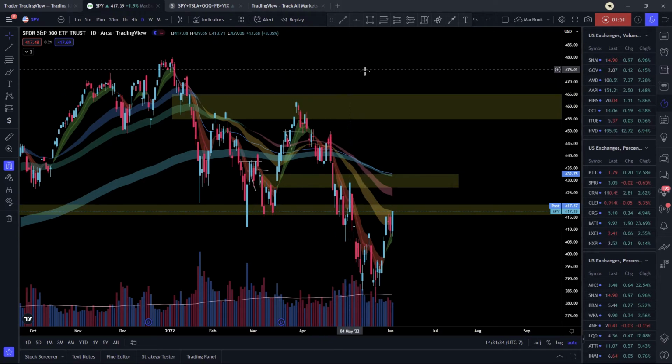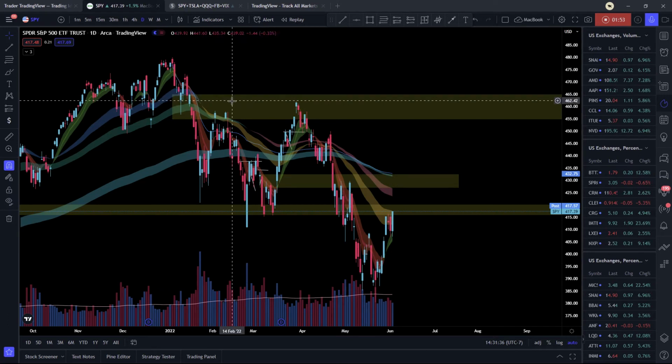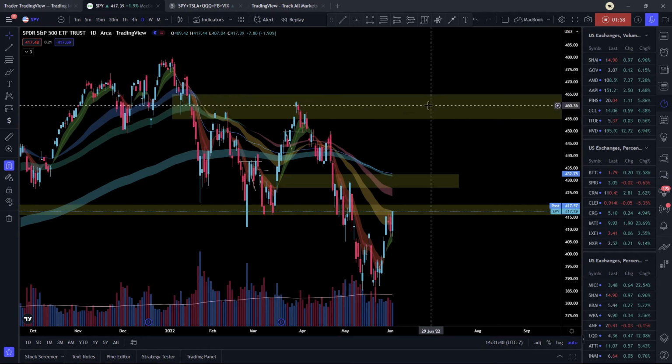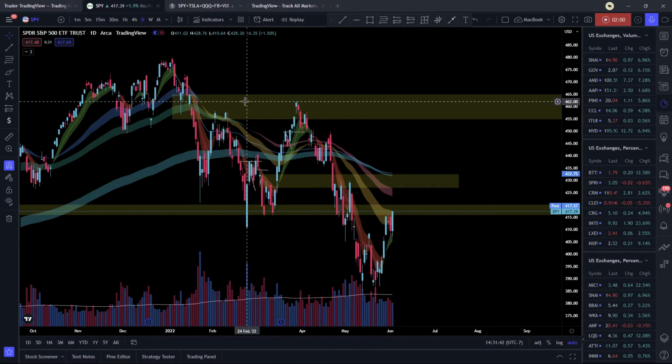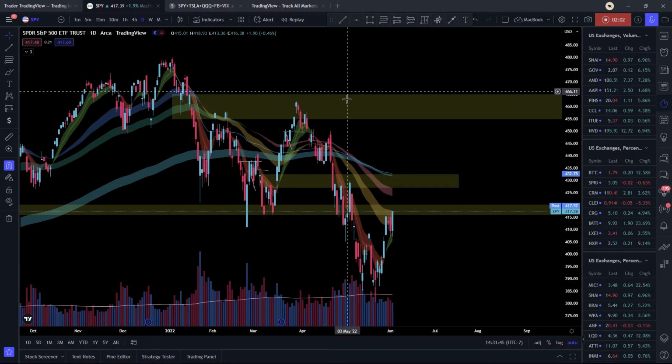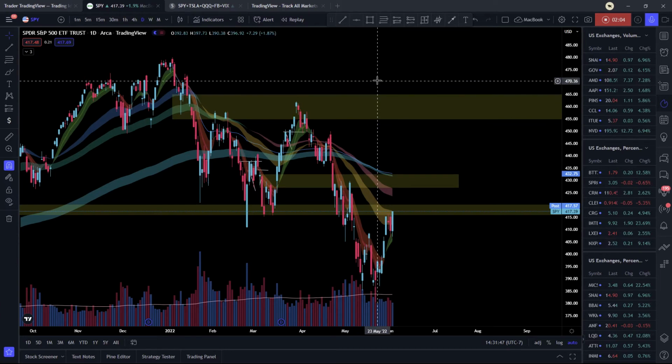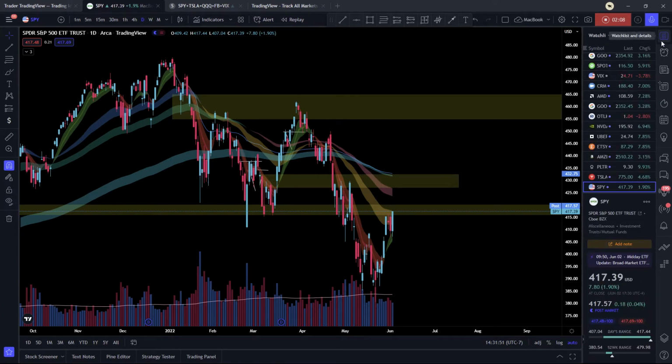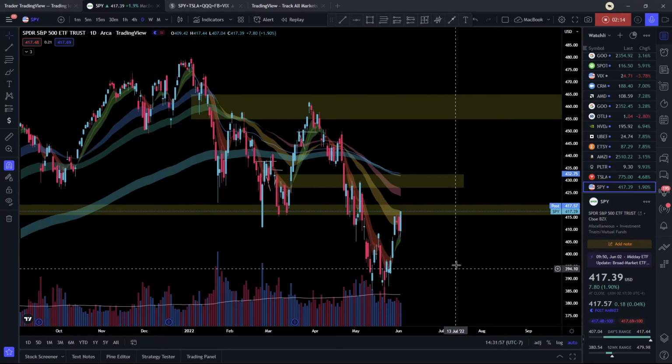So, how to use this tool is where you would normally put your trend line to mark resistance or support, just do a little bit above and a little bit below, so that you give yourself some wiggle room, so that you can not get faked out by movements or anything like that.